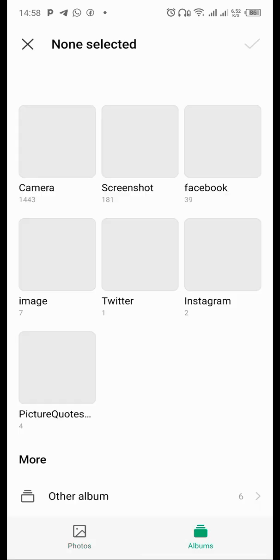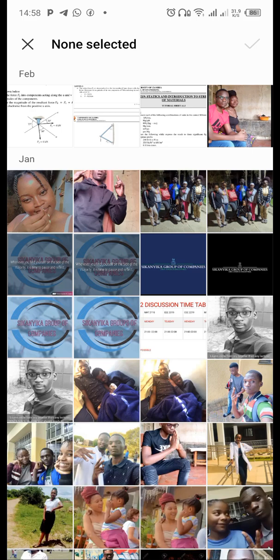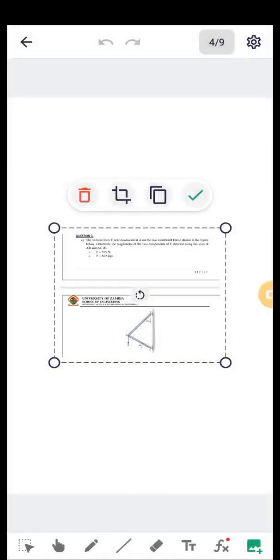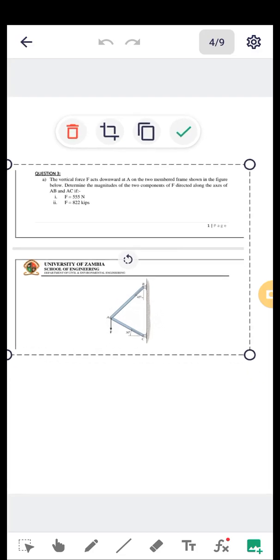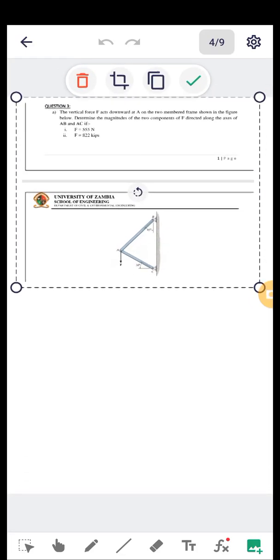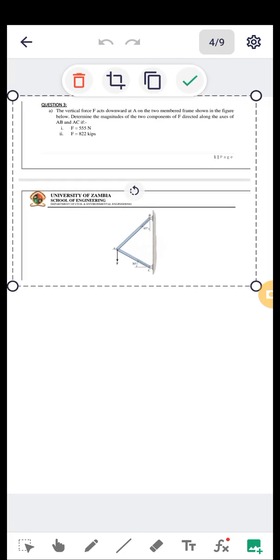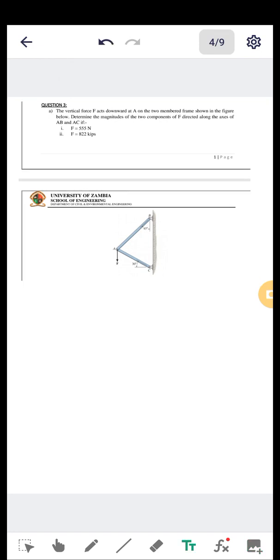So I'm sure it's this one. Okay, this is question 3 from the tutorial sheets, from those practice questions. I don't know if you can see, but I'll be reading it out.